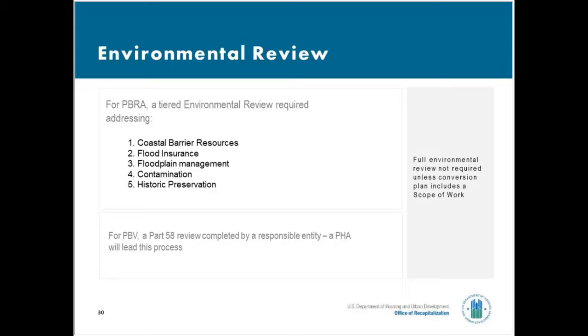And those rules will be the coastal barrier resources, flood insurance, floodplain management, contamination, and historic preservation. So if you're doing the PBRA conversion, you're going to have your vendor upload to HUD's HEROS application a tiered environmental review, and your assigned transaction manager will review the tiered review for these 5 factors.